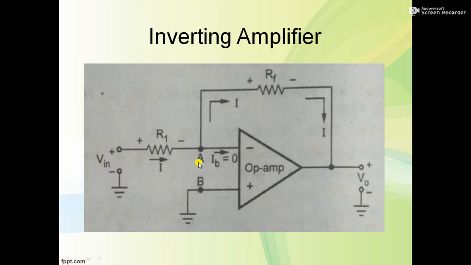And one more thing, according to the virtual ground concept, whatever the voltage at node A is also equal to the voltage at node B. So V of A is equal to V of B is equal to 0 volt. Why 0 volt? Because node B is connected to ground. Ground means 0 volt.